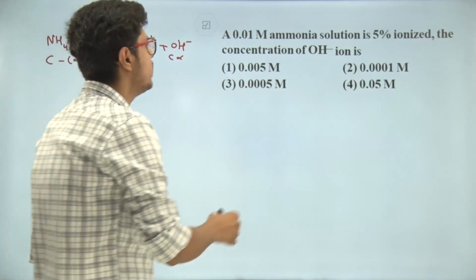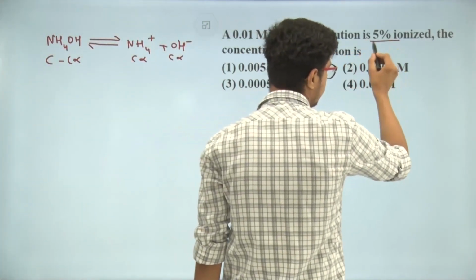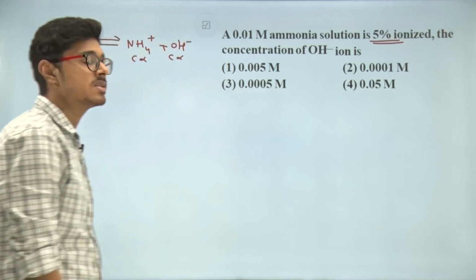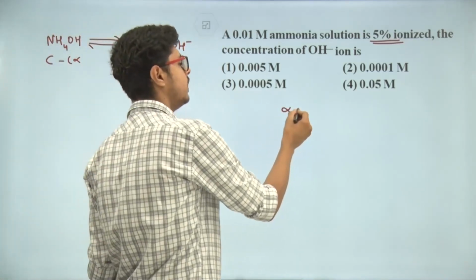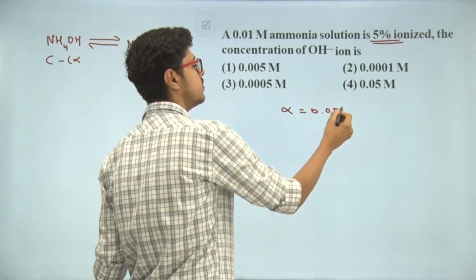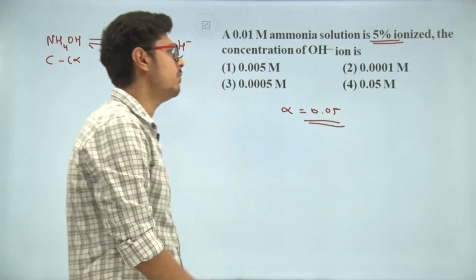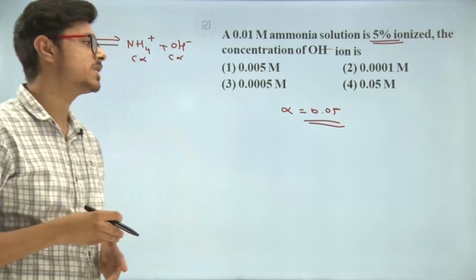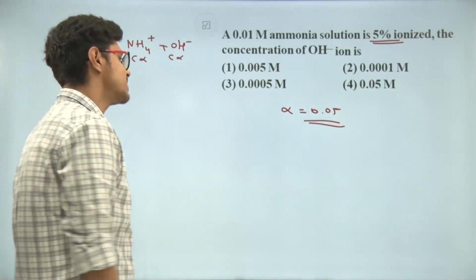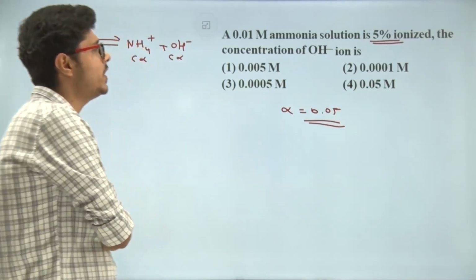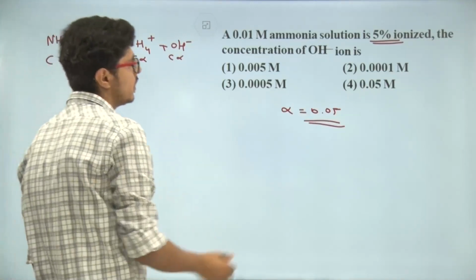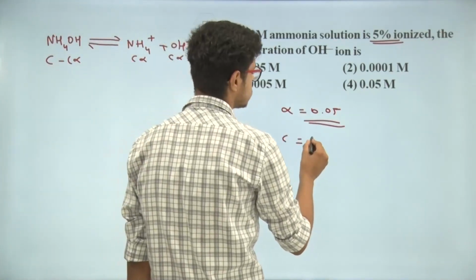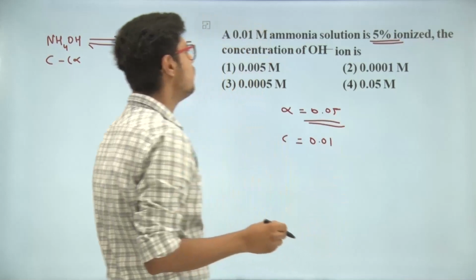Now here we are given that alpha is 5% ionized. So what will the value of alpha be? The value of alpha will be 0.05, because 100% ionization means alpha is equal to 1. So 5% ionization means alpha will be 0.05. And we are given the value of concentration also, this will be 0.01.